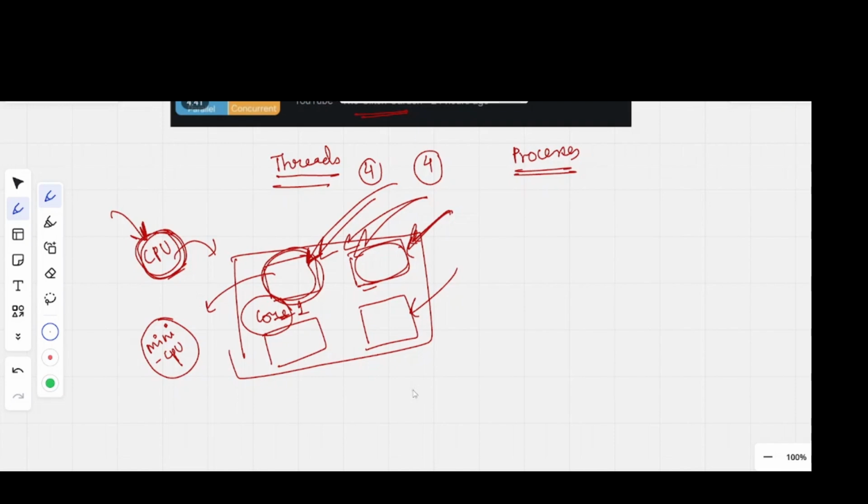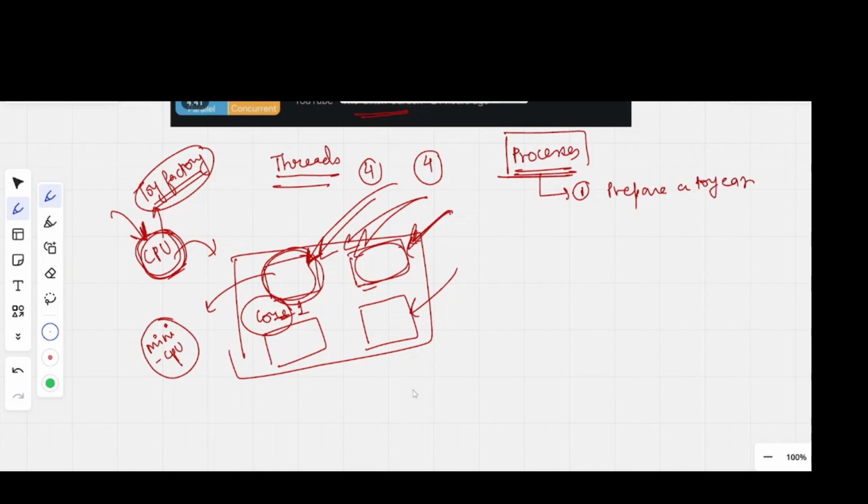Now coming back to our topic of process and threads. A process is like one single big task, right? Now within that task there can be multiple sub processes. For example, let's say CPU is like your toy factory. Now within the toy factory, one single big task can be to prepare a toy car.